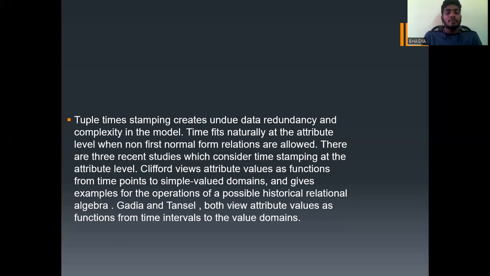Clifford views attribute values as functions from time points to simple value domains and gives examples for the operations of a possible historical relational algebra. Gadia and Tansel both view attribute values as functions from time to the value domains.